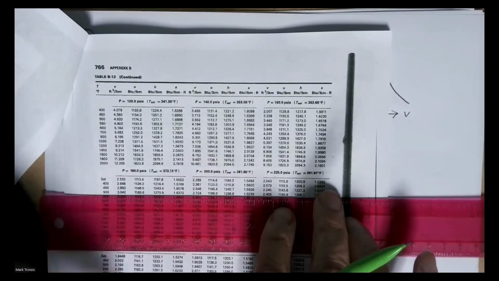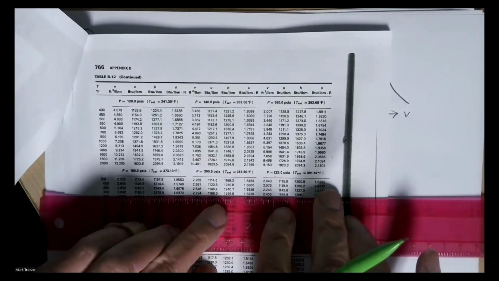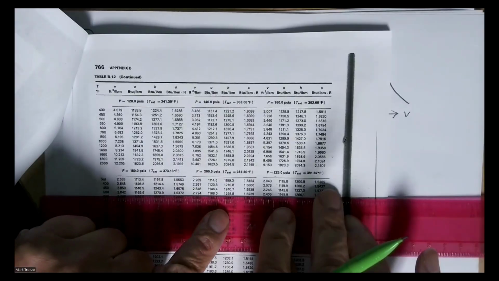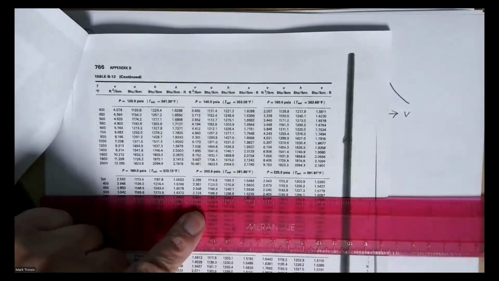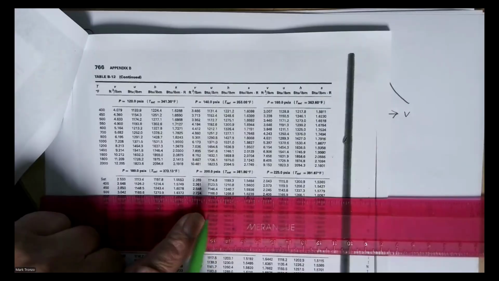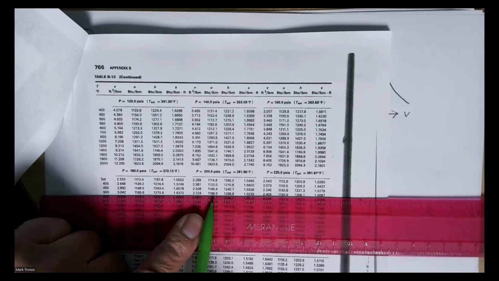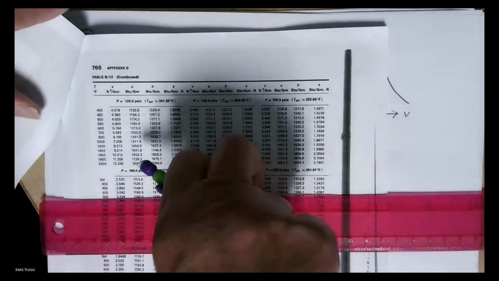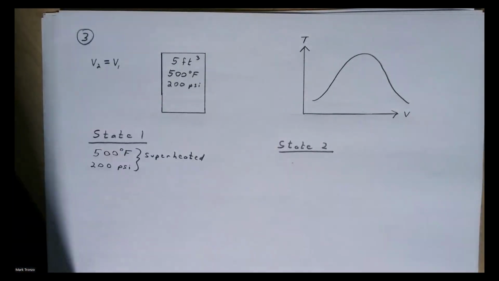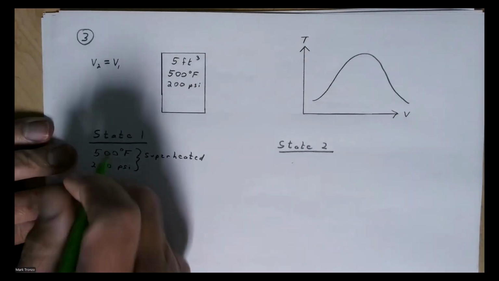We're going to need the volume, and we're going to need the internal energy. And the volume is 2.724, and the internal energy is 1168. So let me write those down. Again, you may have a different book.